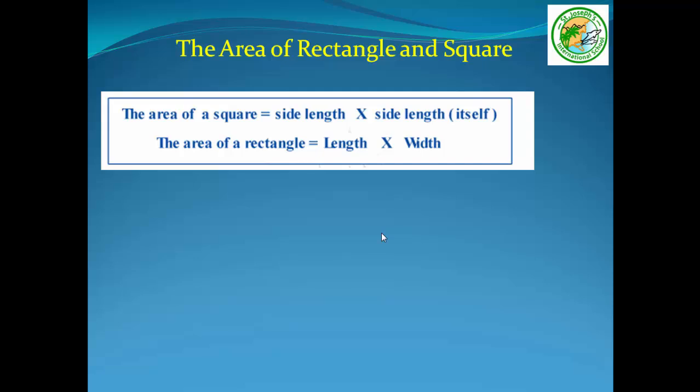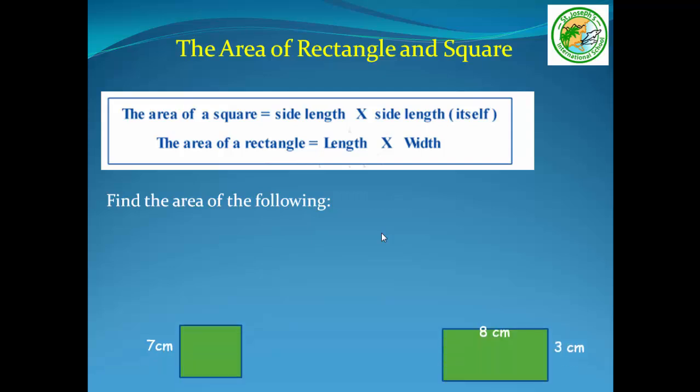To get the area of the rectangle, we must multiply the length by the width. And for the square, the length and the width are the same. They are equal, so we will call it side length. So the area of a square equals side length times itself.